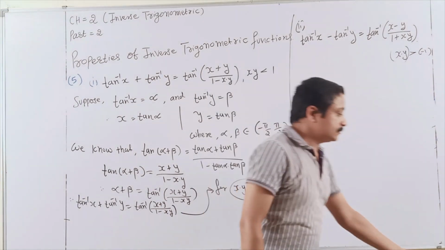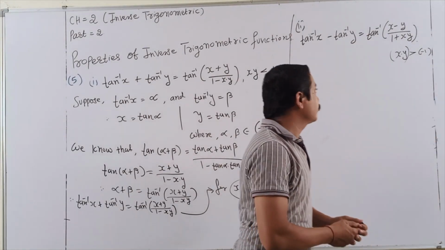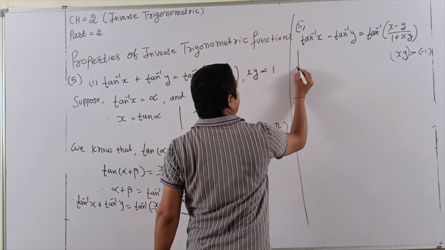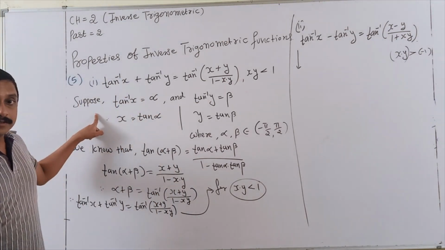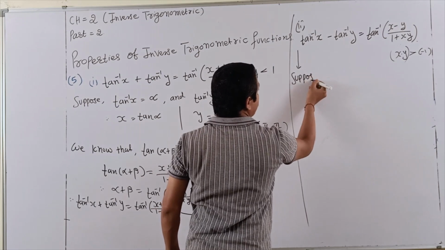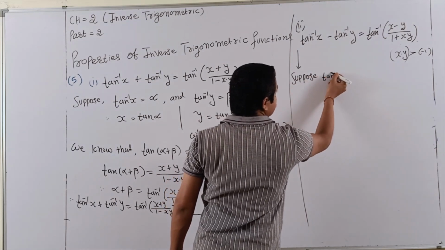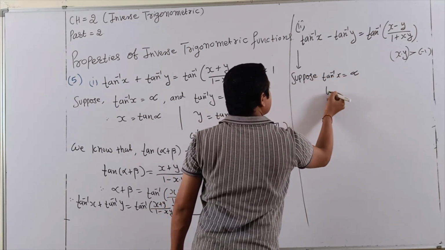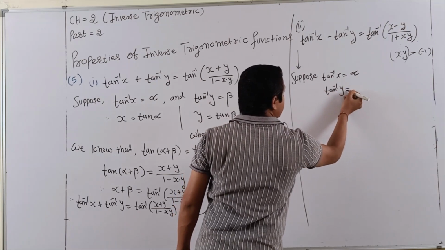Same, students, the assumption for the properties was done similarly for the second. Suppose tan inverse x is alpha and tan inverse y is beta.